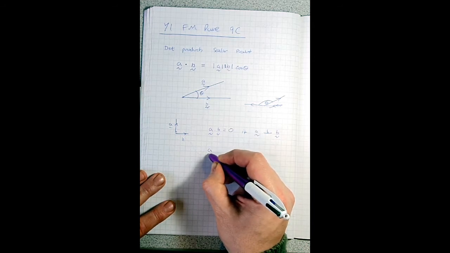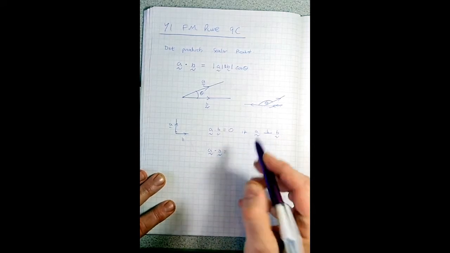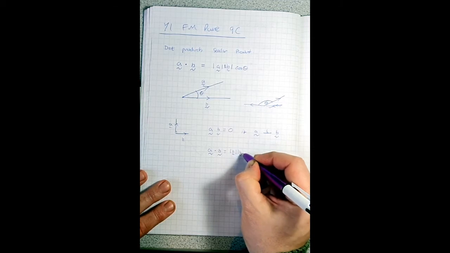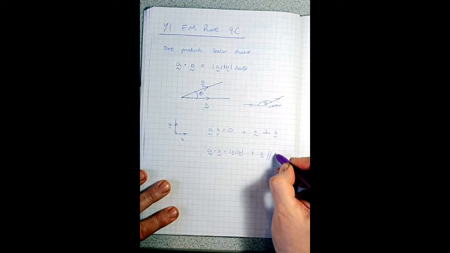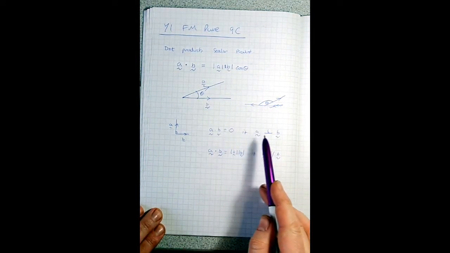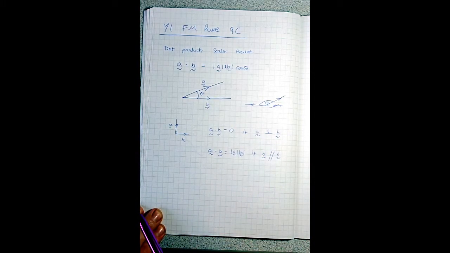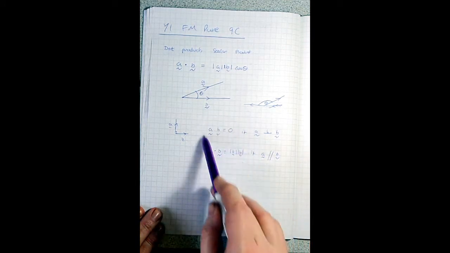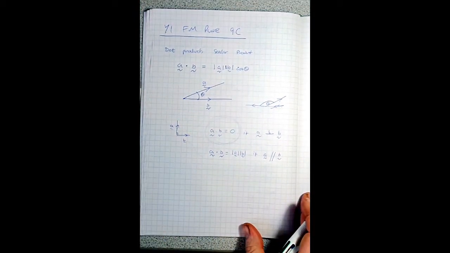So A dot B equals mod A mod B if A is parallel to B. So dot product being 0 means they're perpendicular. Dot product being mod A mod B means that they are parallel. This is quite a useful result, and we're going to use that a lot in later exercises.